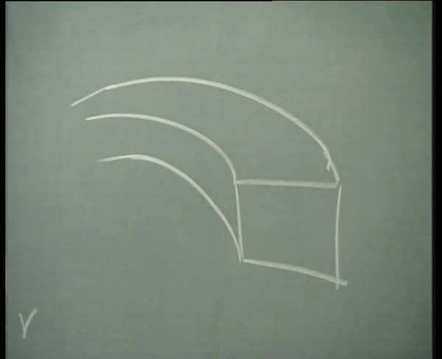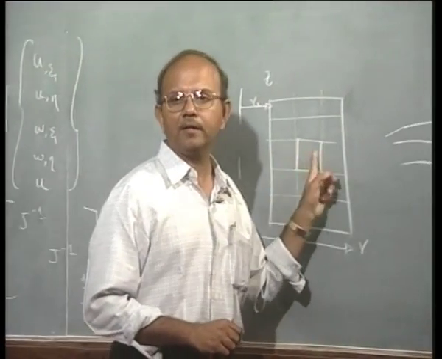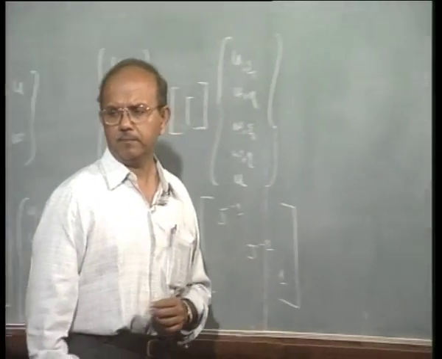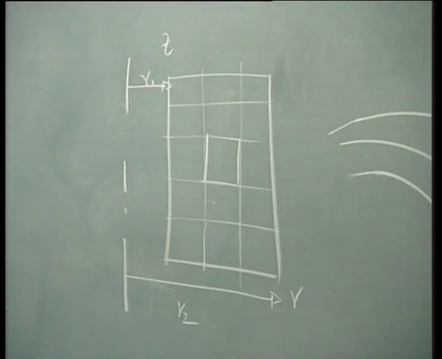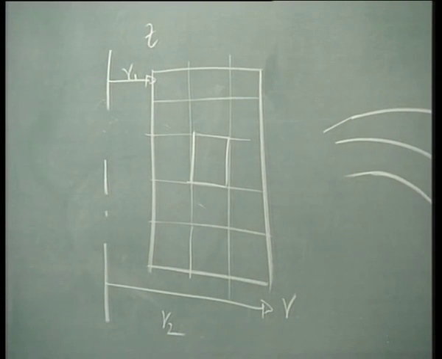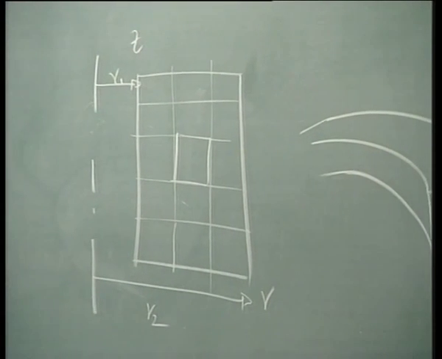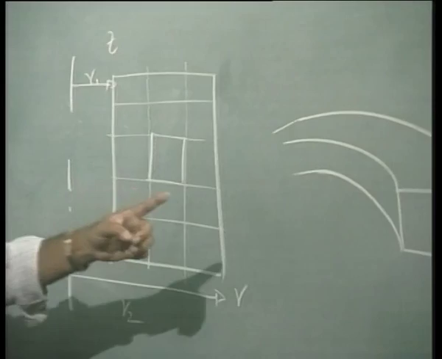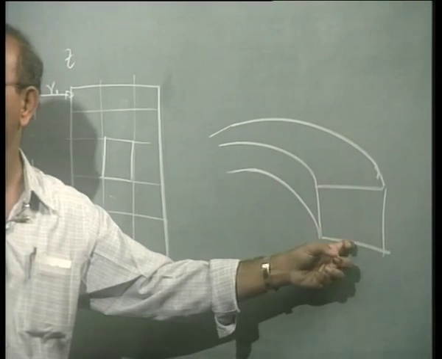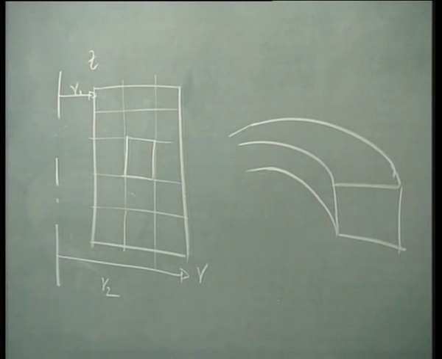Where do we bring this in? We will see that in a minute. First point is that though we are discretizing it as an axisymmetric element, in the r-z coordinate system, what we are considering as an element is actually a ring element. Is that clear?